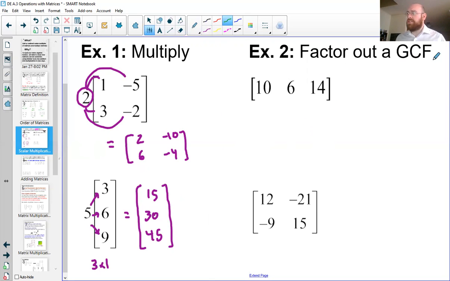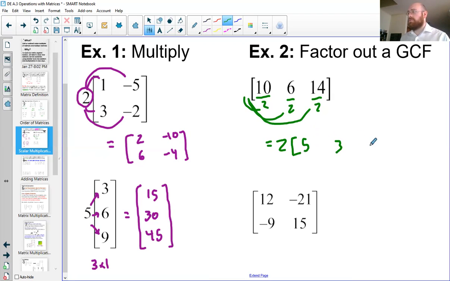You can also factor out a GCF from a matrix. So notice that we can divide 10, 6, and 14 all by 2. So in a sense, by dividing everything inside by 2, we can factor out a copy of 2. So we have 2 times 5, 3, 7. And you might be wondering, if we're dividing our numbers on the inside, why do we end up with a 2 on the outside that's multiplying?